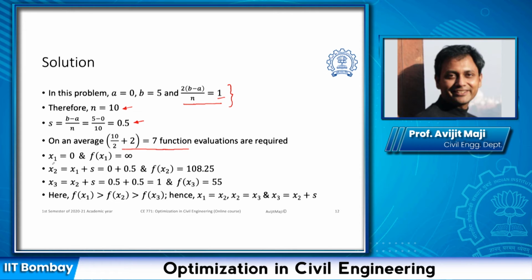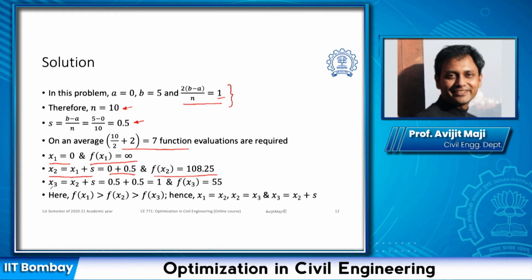We are starting at the first point, a is equal to 0, so that value is assigned to the first point, x1 is equal to 0. At that particular point my function value is going to be infinity, and the second point is obtained by adding the step size with the first point, which is going to be 0 plus 0.5, which will be equal to 0.5, and the function value at that point is going to be 108.25.